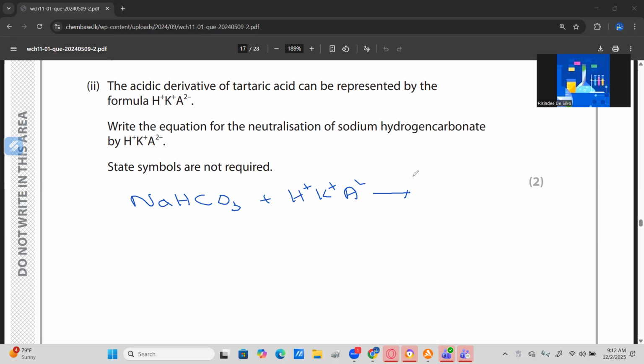So H plus will be replaced by Na, and NaK plus A2 minus will form, giving carbon dioxide and water. So everything is balanced. Because tartaric acid can donate H plus to the medium, when it donates H plus, the positive ion in the sodium hydrogen carbonate will bind with the tartrate. Therefore, you get this formula.